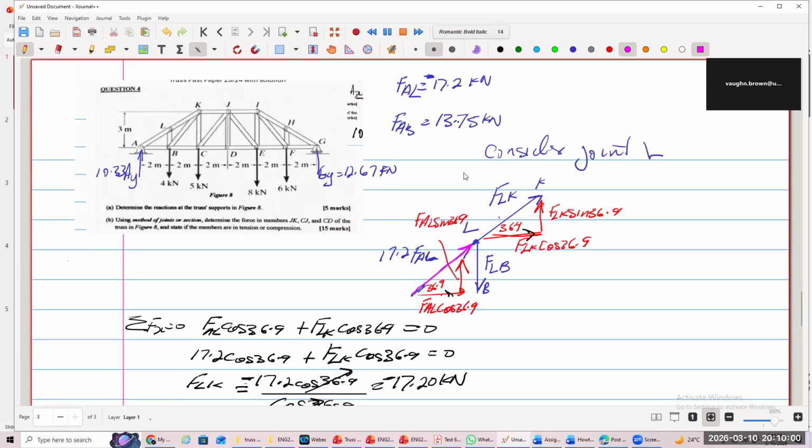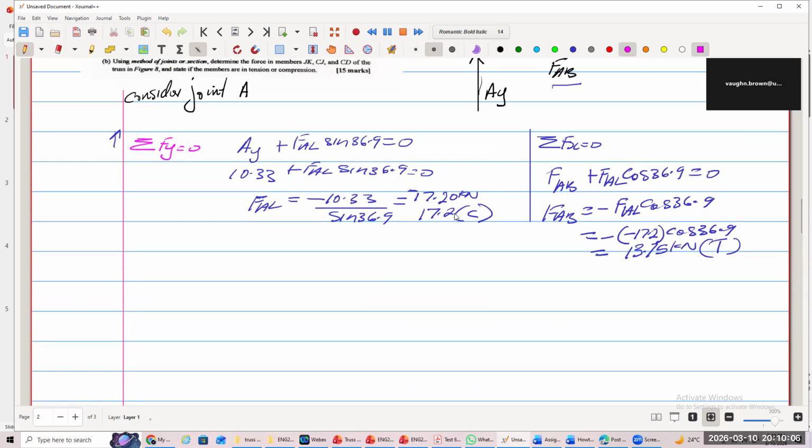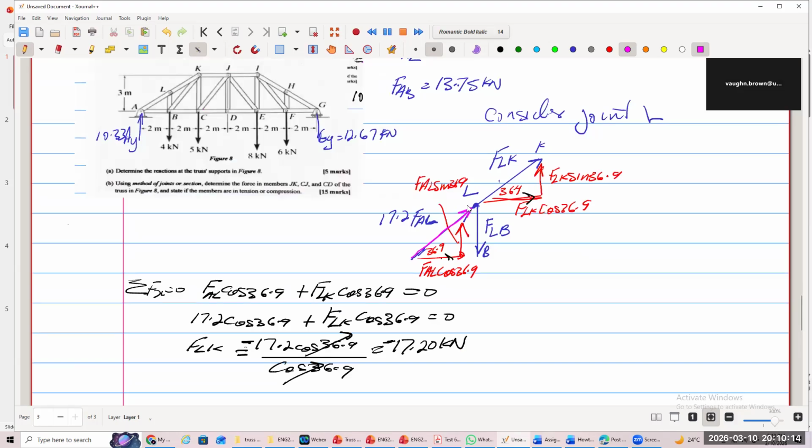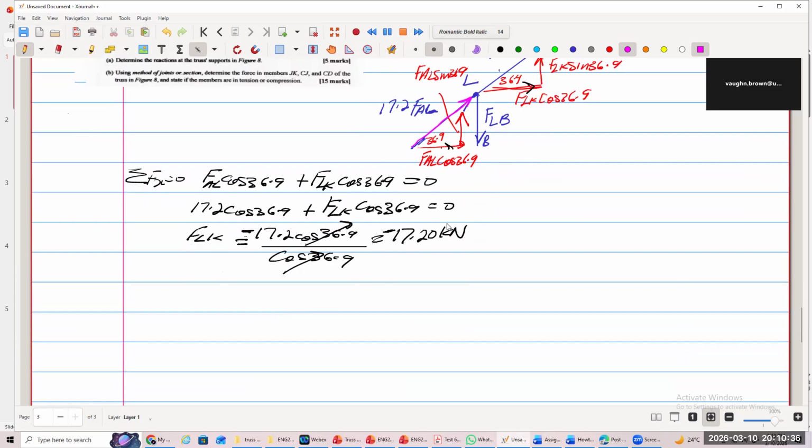Because we calculated it and it says it's compressive, I have the liberty to put it as what it actually is. It is compressive, so I'm going to put it as compressive and change the sign, showing that it's going in compressive. I cannot keep it as minus if I put it in the correct orientation in the problem. Oh, okay, sir. You see, if I didn't change the sign, I would have to draw it back in tension and work with it as minus. I'd have to put it coming out of the joint, which is erroneous. It's not the right way. It would work out, but it was not the right way.